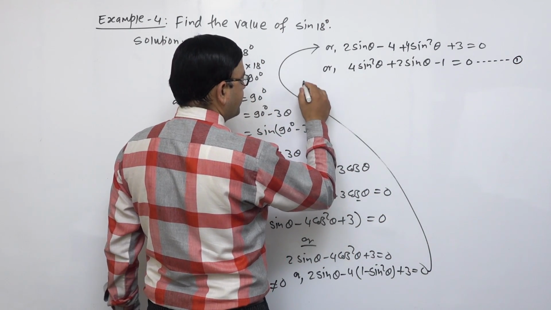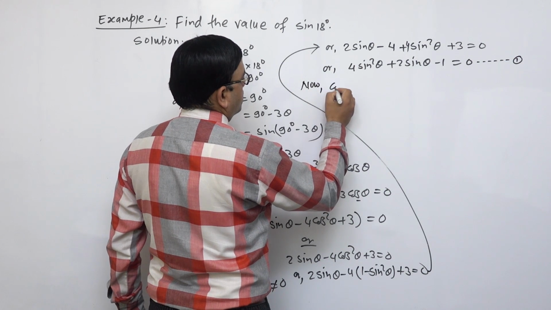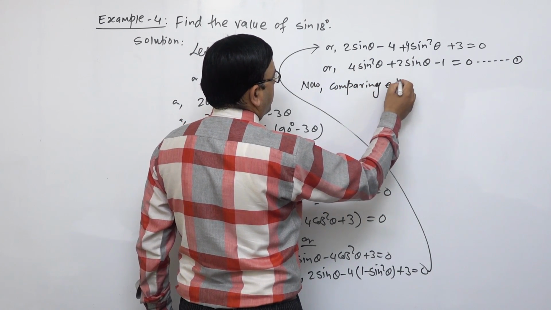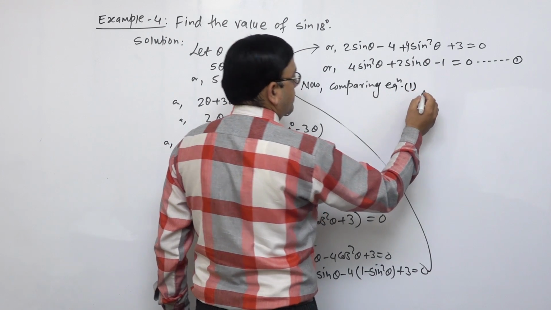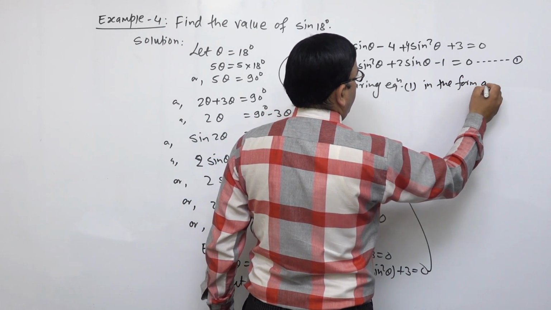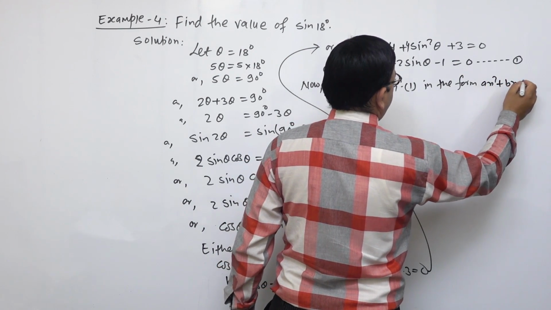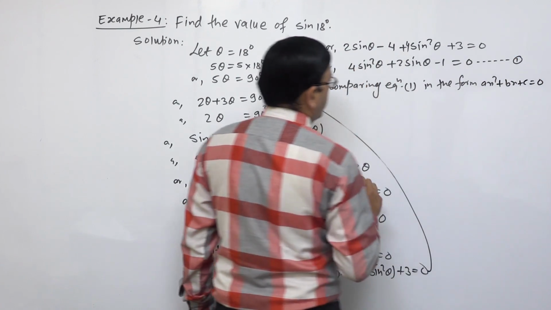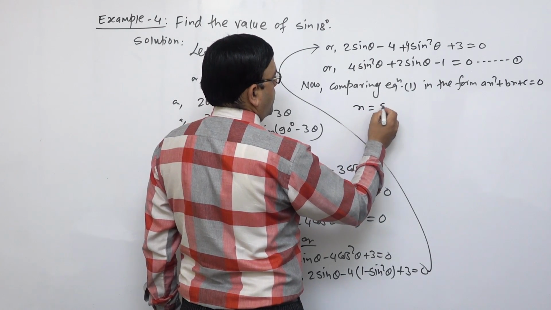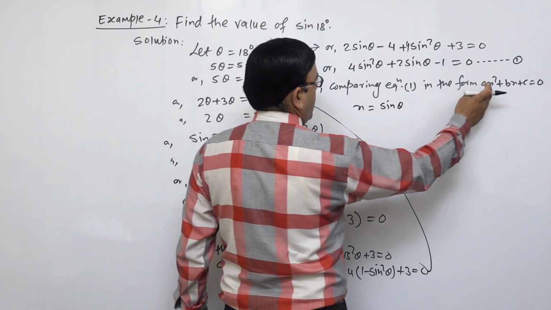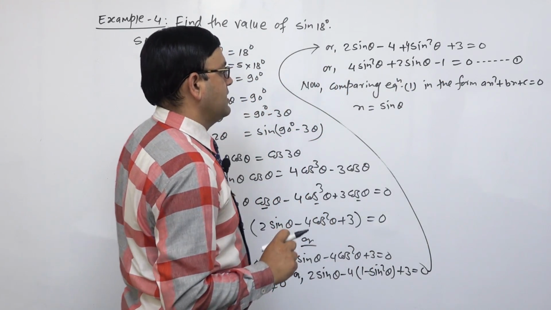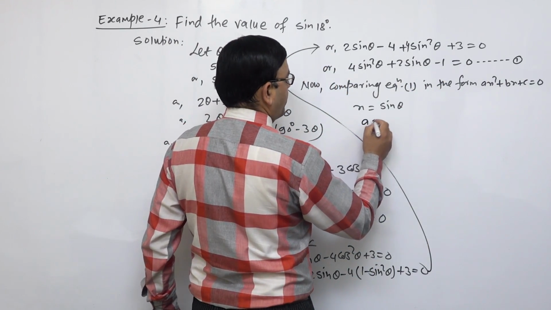Now comparing equation 1 in the form ax square plus bx plus c is equal to 0, we get x is equal to sin theta, and x square is sin square theta.